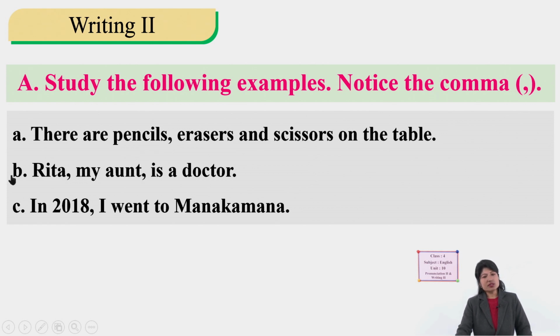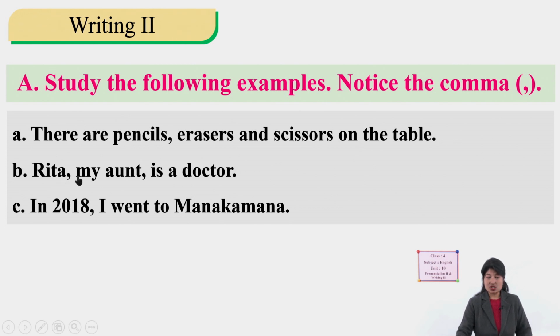Then what about number B? Rita, my aunt, is a doctor. All these three are the same person. Aunt and doctor is more description of Rita, some more qualities of Rita. That's why this is just like introducing someone.